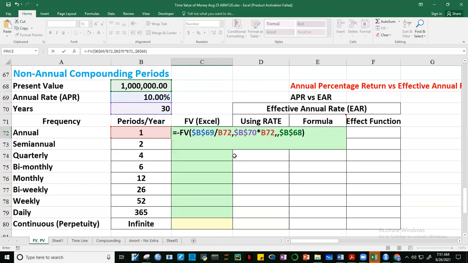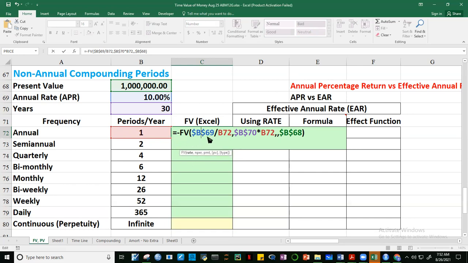Baka may ibang formula or kung similar formula nyo. Okay, so wala na. All right, so let's take a look at the answer of Robert.